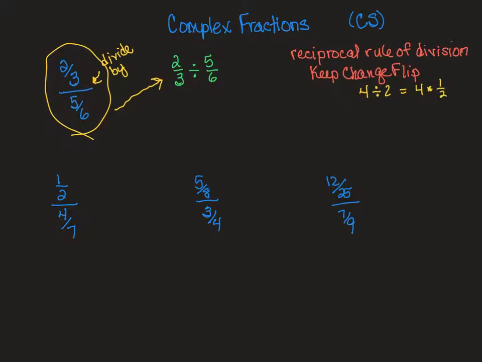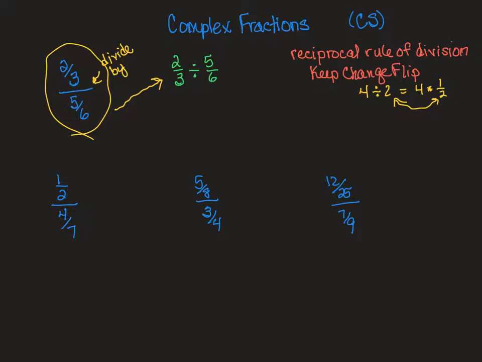Either of those is going to be 2. 4 times 1/2 is going to be 2, and 4 divided by 2 is going to be 2. And you notice these are reciprocals. And this works for everything. It is a universal rule. There are no exceptions.